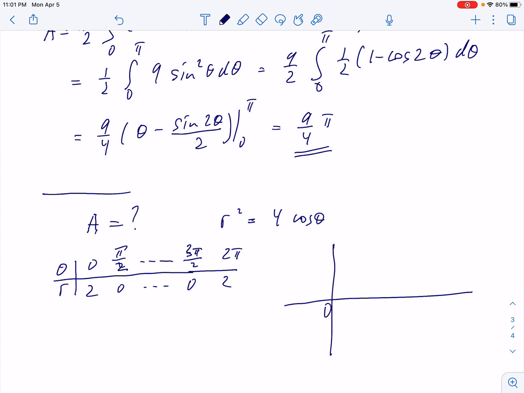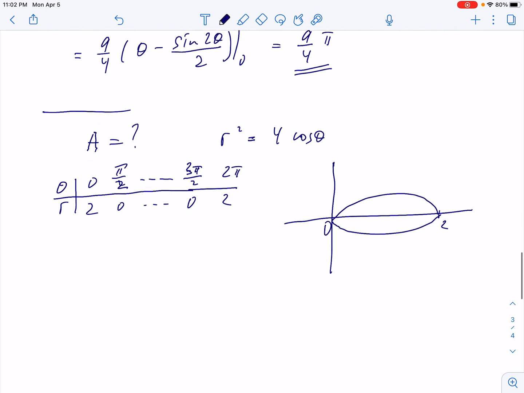Here, starting at 2, moving angle towards pi over 2, we go with the radius to 0, like that. Then we're skipping interval from pi over 2 to 3 pi over 2. And then we go from 0 to 2. We just have a symmetrical part here.